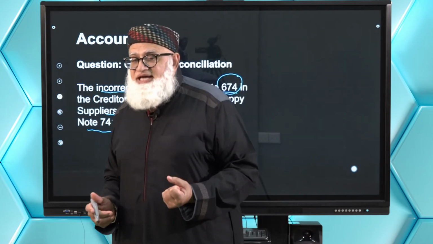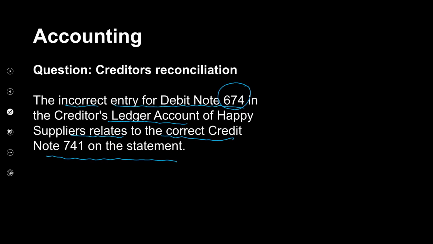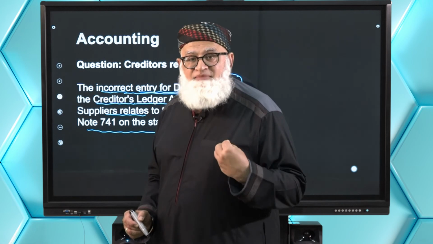Let's look at the transaction once again. The incorrect entry for the debit note in the creditors ledger account here. So clearly you can see the creditors ledger account is incorrect. We have made the mistake.